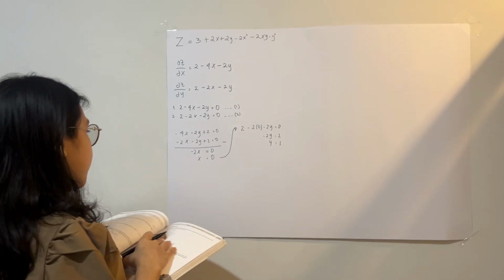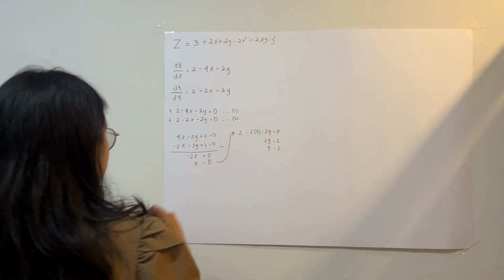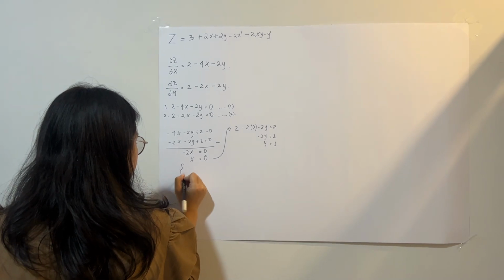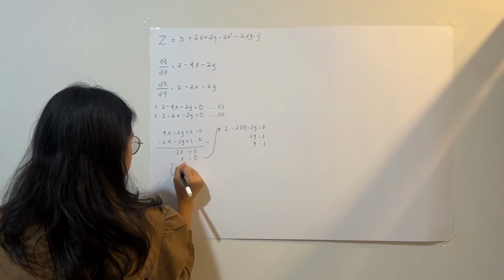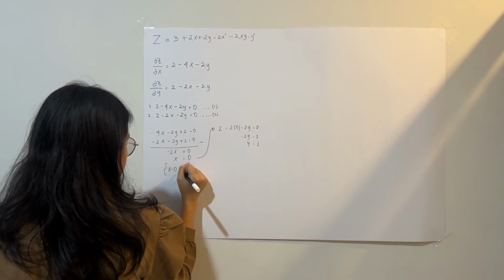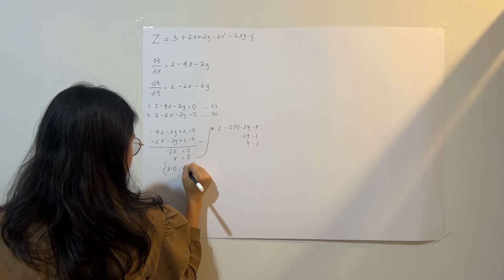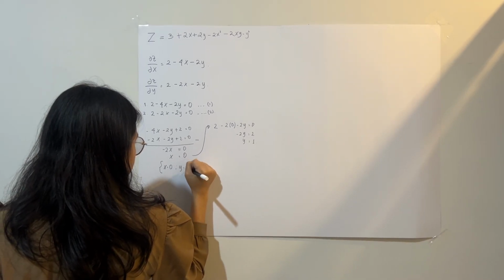Now we found the critical point: x equals 0 and y equals 1.